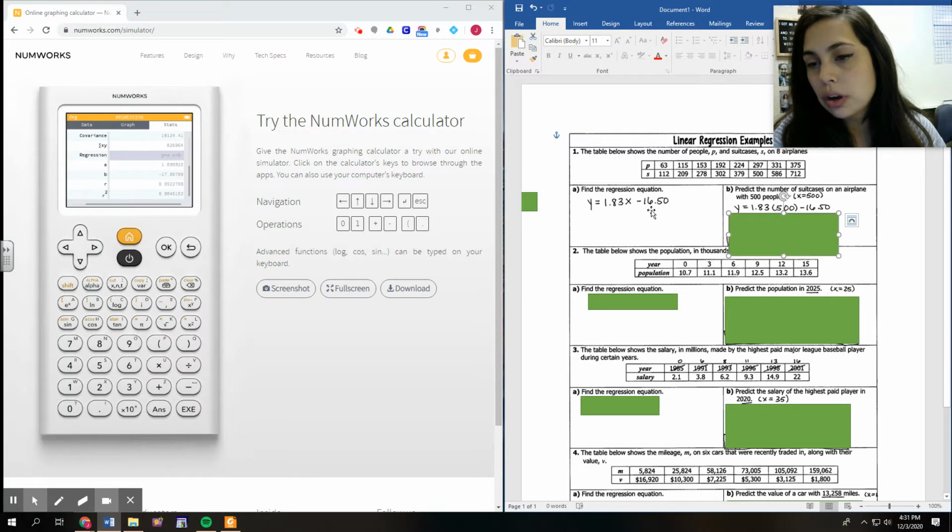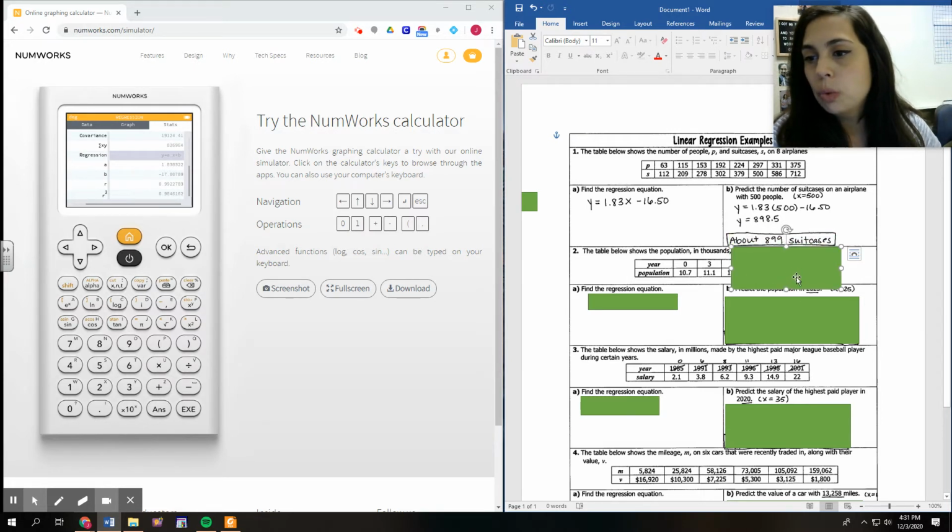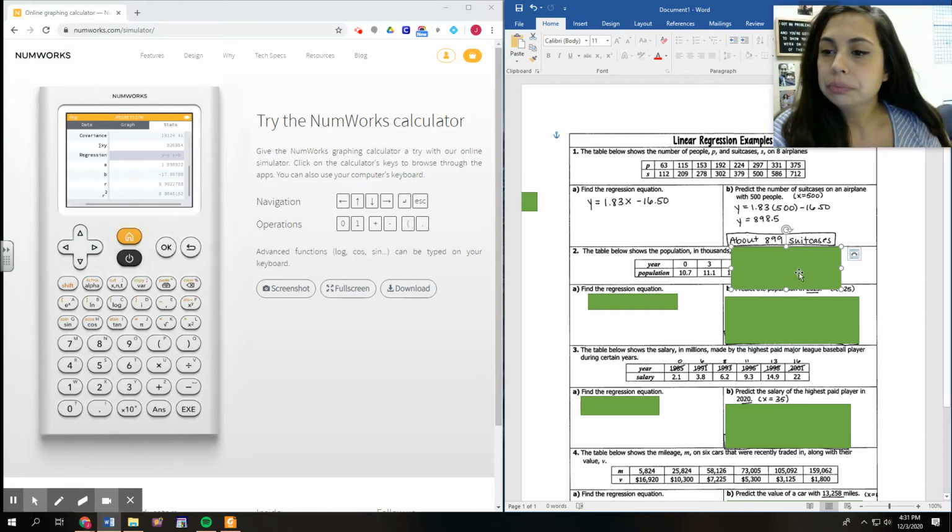Again, they're using this number here, so if you get a different number, you can just use the one that you got. Simplifying, y is equal to 898.5. When we give our final answer, it should be in terms of the word problem. It asks for the number of suitcases, so you'd say it's about 899 suitcases.